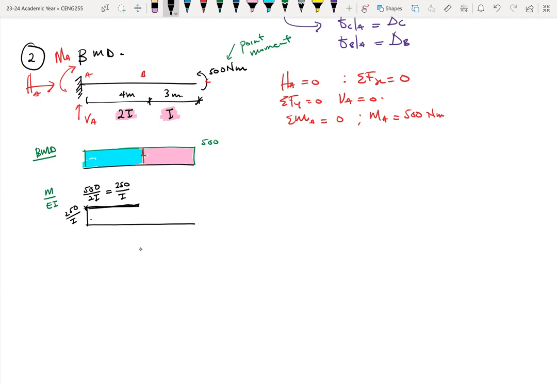Then between B and C, it's 500 over EI. Please take notes. 2I, and then, okay, so let me bring my E here. E is the same.